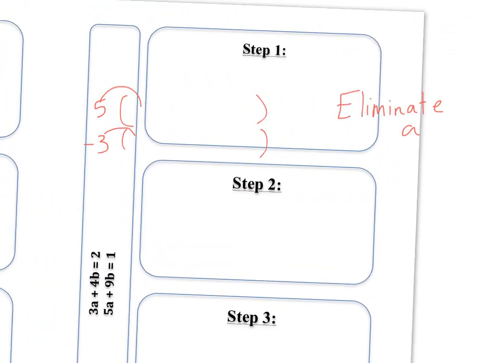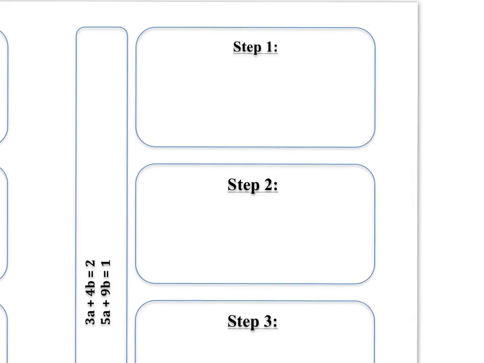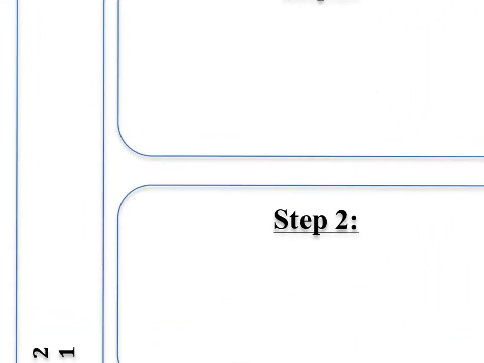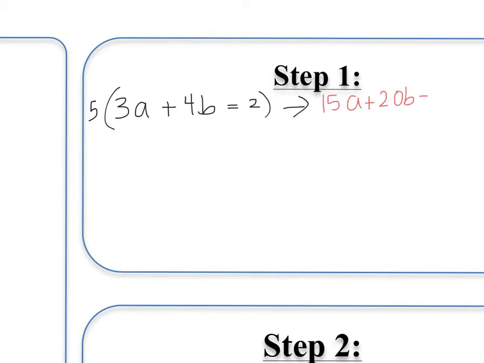So let me delete this over here. Okay. And let's go ahead and multiply the top equation by 5. So let me write down the equation. And if I need to multiply this by 5, I will get 5 times 3 is 15a plus 20b equals 10.